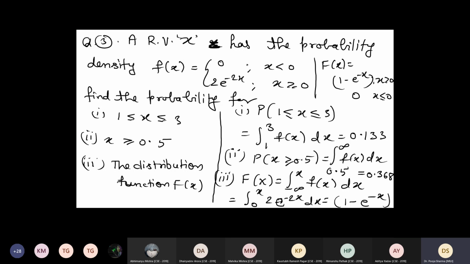Fx is equal to, because the full range of the random variable is minus infinity to infinity always, for x less than or equal to 0 the value is 0, and for x greater than or equal to 0, whether greater than 0 or equal to 0 doesn't matter because the range is continuous, the value becomes 1 minus exponential power minus x. Please note it down. A calculator will be allowed in this kind of numerical problem.